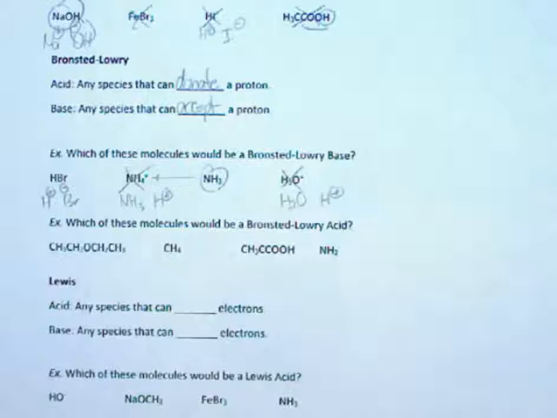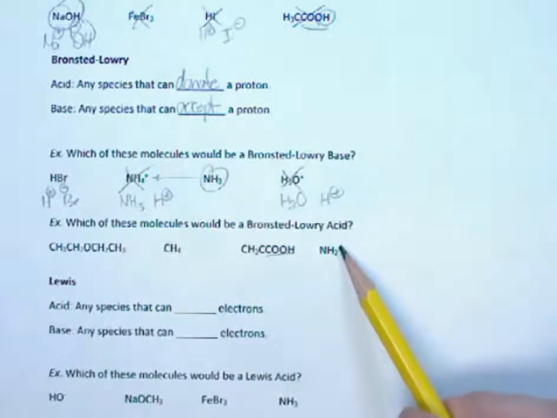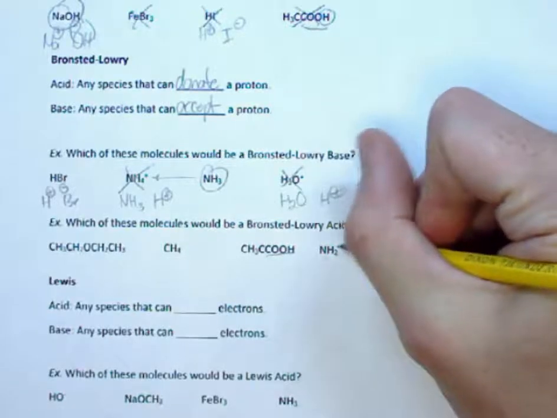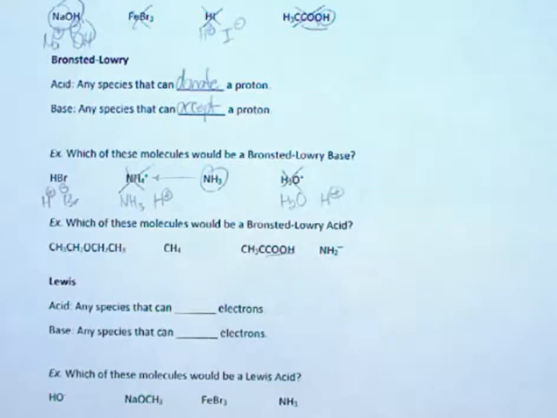For the Bronsted-Lowry acid, we have ethyl ether, methane, another carboxylic acid, and NH2-. NH2- is negatively charged, so it's not going to want to donate another proton, it wants to accept another proton.